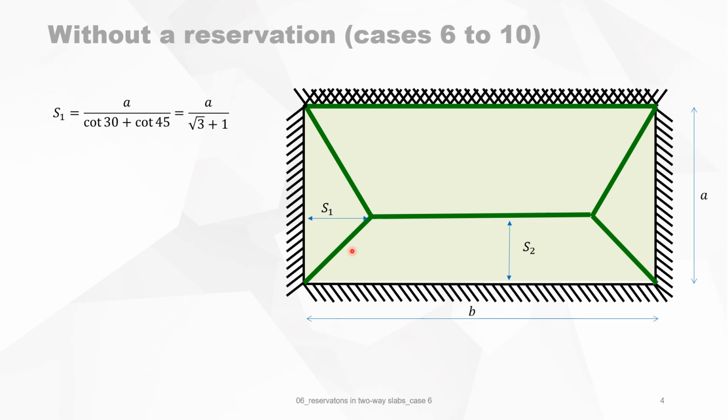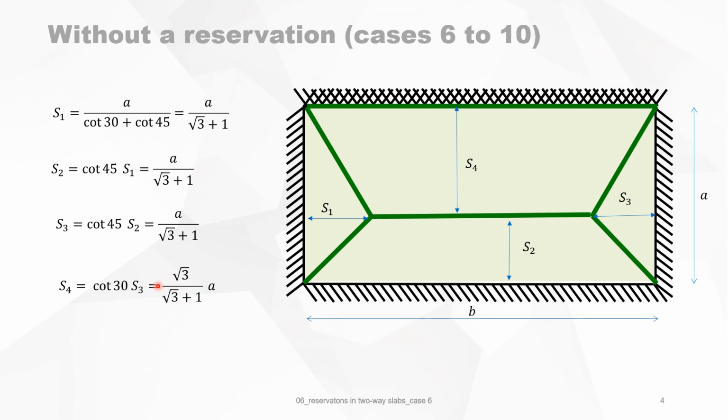Because this is 45 degrees, S1 is equal to S2. And because of the 45 degrees here, S3 is equal to S2. And then we can calculate S4 by means of the same type of formula. So we see that S1 is equal to S2 is equal to S3.